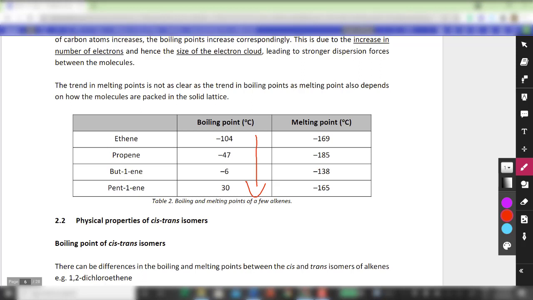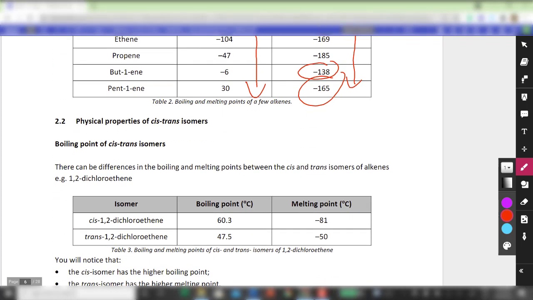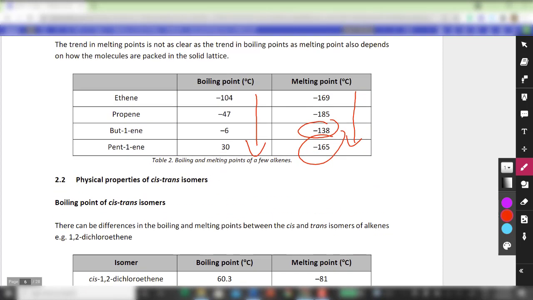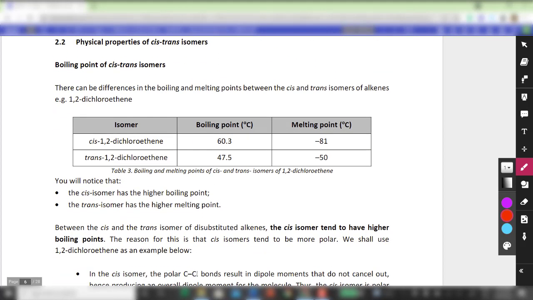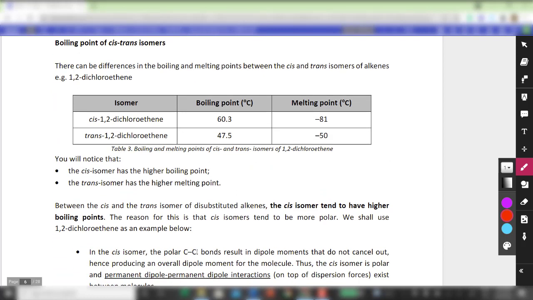As I said, it generally increases for boiling point, but melting point doesn't quite follow a certain order. Like you realize that cis-2-butene actually melts at a lower temperature as compared to trans-2-butene, and we're not going to discuss that for simple alkenes, but we're just going to discuss it for a slightly more complicated alkene, so that hopefully you can understand why.